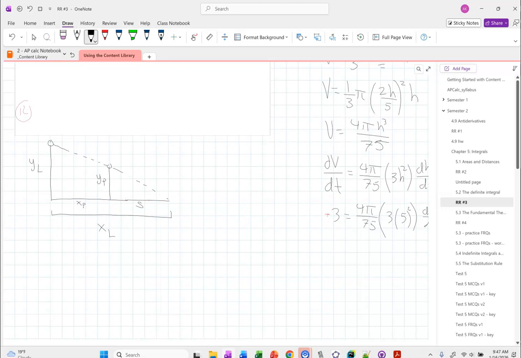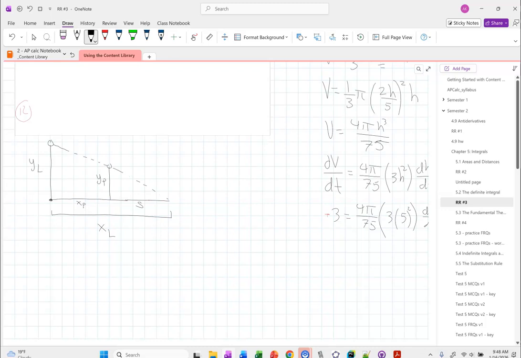Does everybody feel okay with that? So I'm thinking about this point, kind of like the origin, right? So the person is xp over and yp up. You know, the end of that shadow is like, anyway.